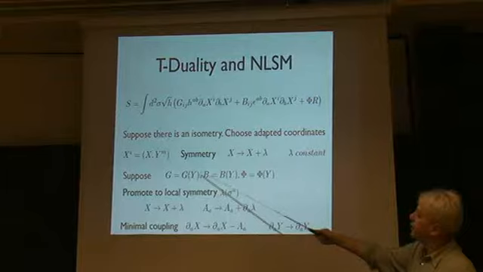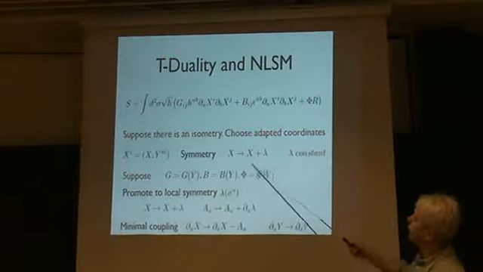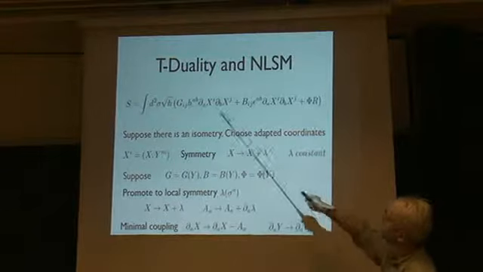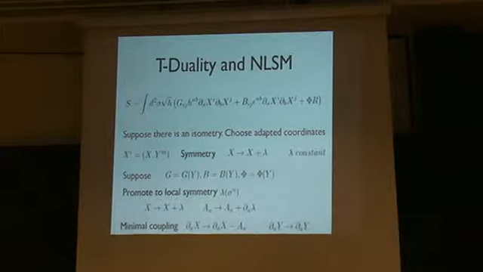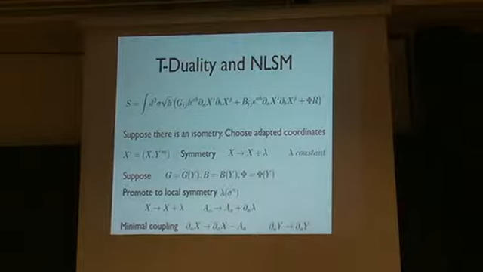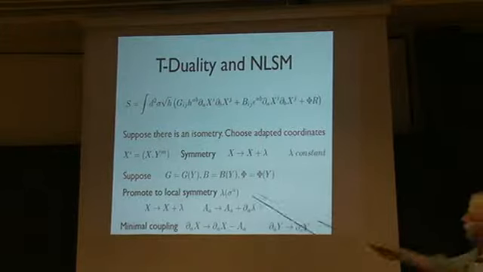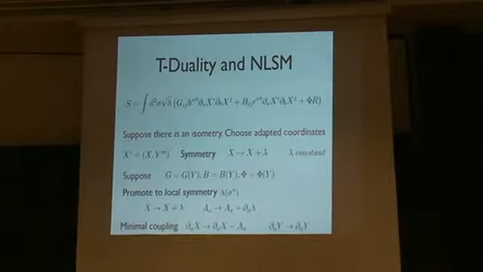Then, because there's no explicit dependence on x, shifting x will leave these invariant. And so x only appears in this action through its derivatives. And the gradient of x will be left invariant by shifting x by a constant. And so that will be a symmetry of this theory. And this corresponds to an isometry in the direction x. So suppose we wanted to promote this to a local symmetry where we included local shifts where lambda now depended on the worldsheet coordinate sigma.